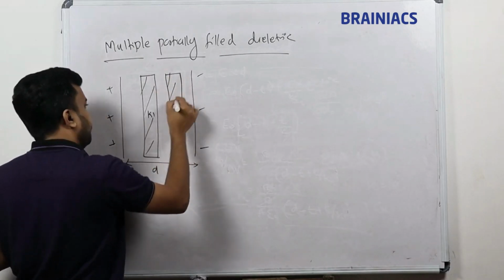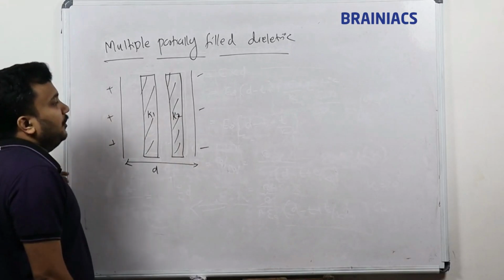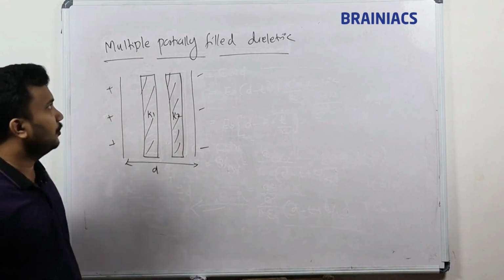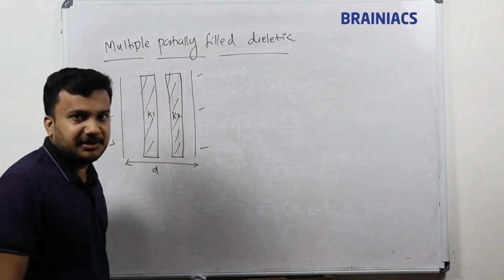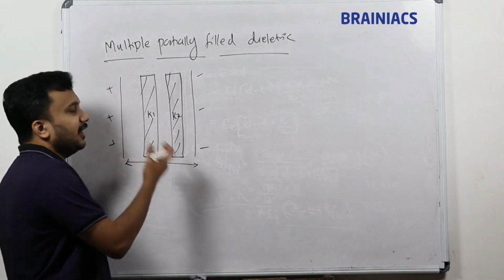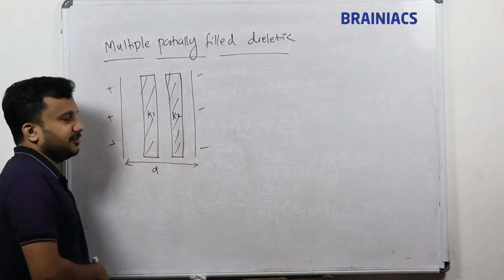And this value is K2. We need to find the total capacitance in this case. How do we find the total? Here multiple means previously we have taken only K, now we have K1 and K2. Any number may come, but this is only for two cases.